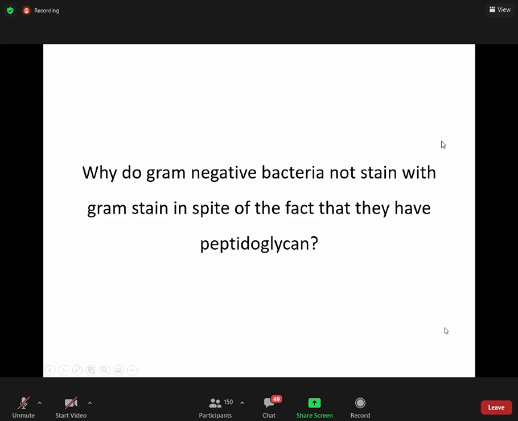Mycolic acid. This is a waxy layer in TB. And when you do acid-fast staining, you need to heat. You remember in the lab? Why do we heat? To force the dye to get into the cell through the mycolic acid. Why is it called acid-fast? Why is it fast? What does that refer to?